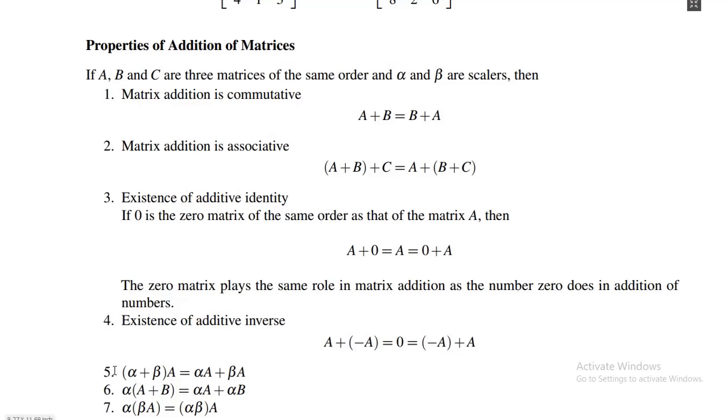Property number 5 says that alpha plus beta times the whole A, where alpha and beta are scalars, as we have given here.